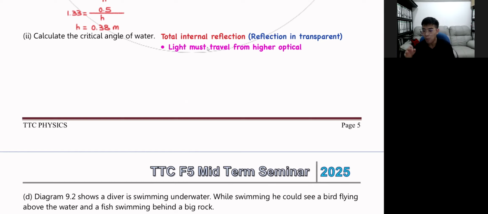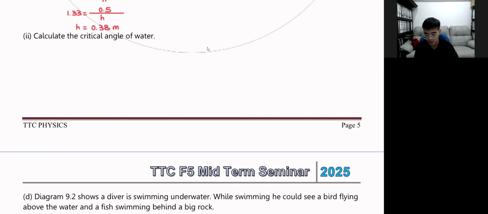For example, when light travels from glass into air, because glass has higher optical density while air has lower optical density. That is the first condition for total internal reflection to occur.